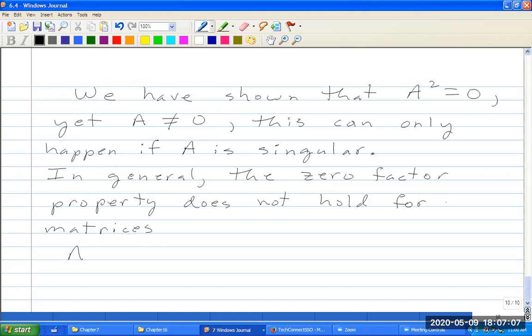So A times B equaling 0 does not necessarily imply that A is 0 or B is 0. As we've seen, I've shown that A times A equaling 0 doesn't mean that A is equal to 0. So I could have that the product of two matrices is 0.